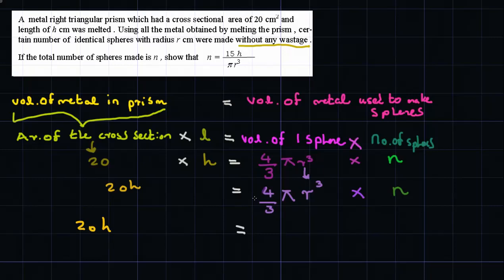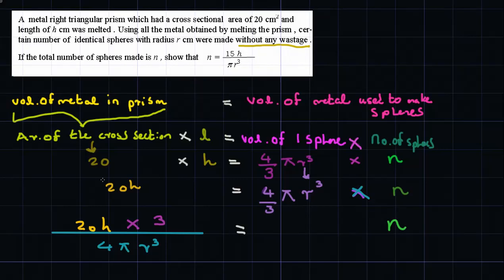When division 3 goes to the other side, it becomes multiplication 3. And now we'll bring the multiplication 4 pi r cube to the other side. When multiplication goes to the other side, it becomes division. Division 4 pi r cube. And what's remaining on the right now? It's n.